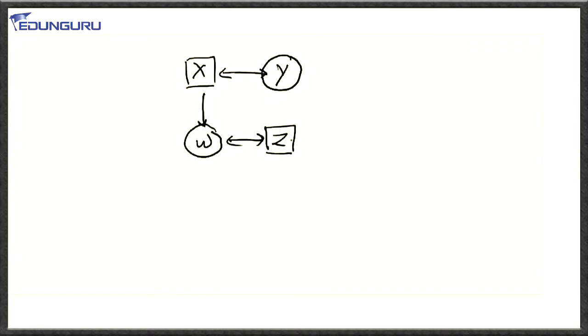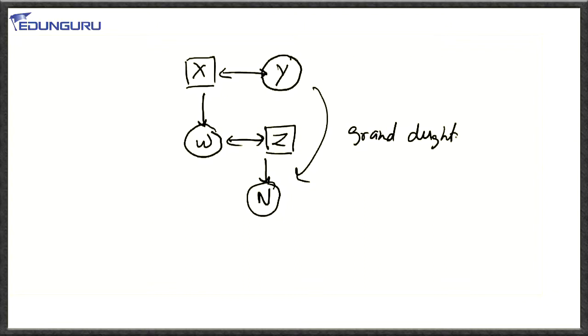N is the daughter of Z. What is the relation between N to Y? N's mother is W and her mother is Y. So basically N is granddaughter of Y, which is your final answer.